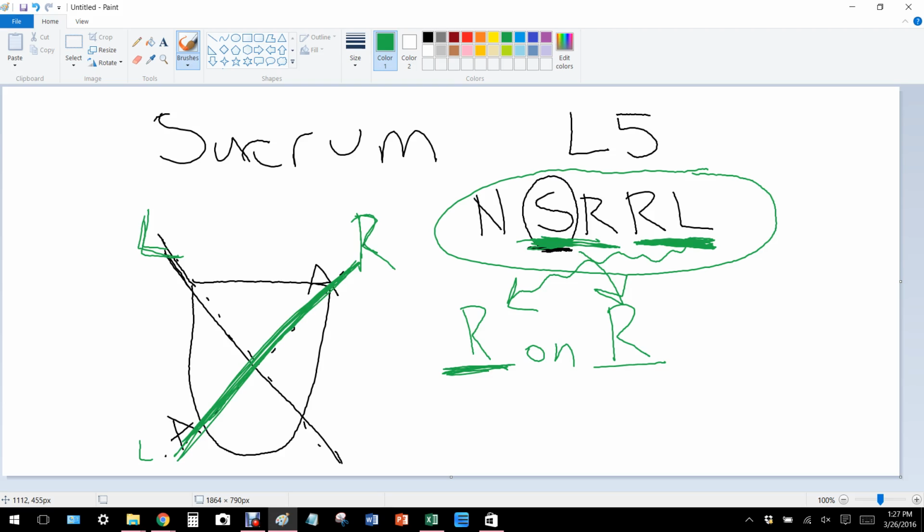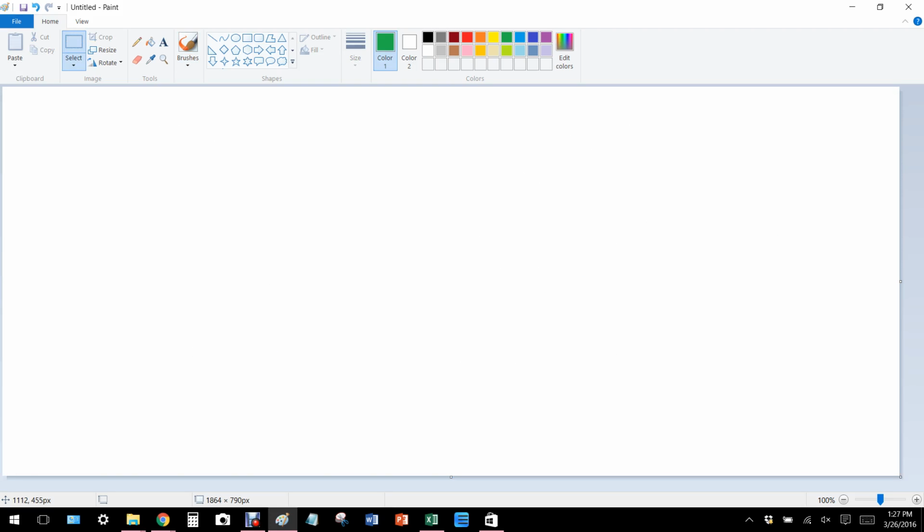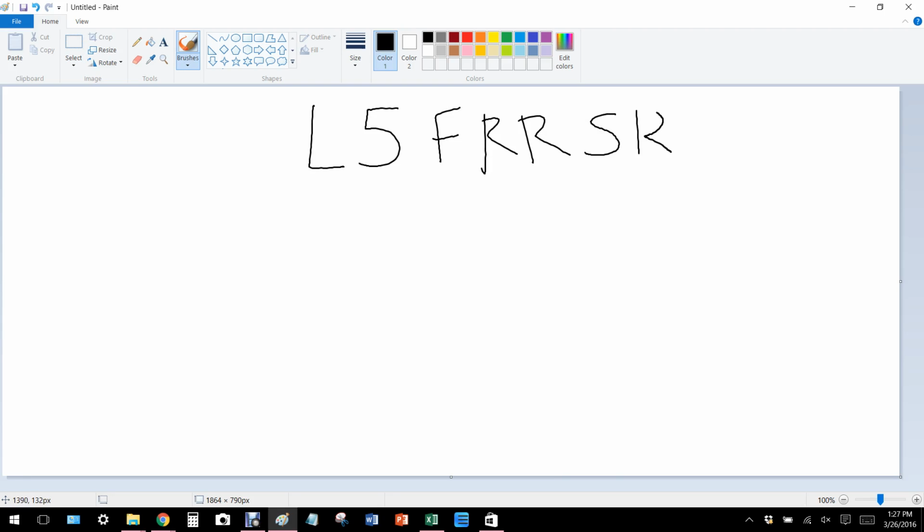Okay, let's try that one more time. Say L5 is flexed, rotated right, side bent right. Now we're going to look at the sacrum.